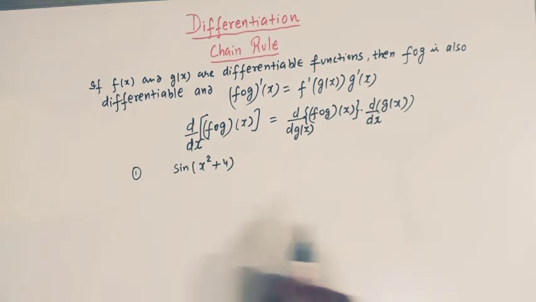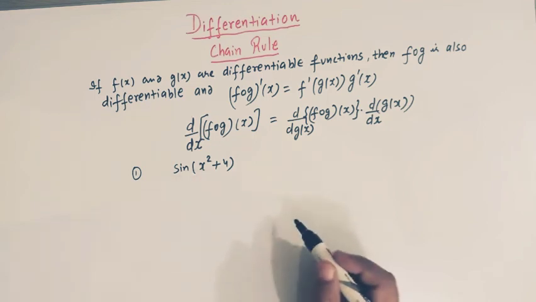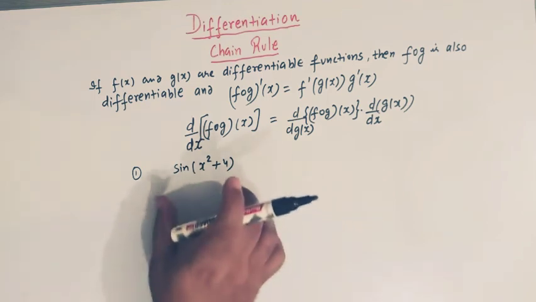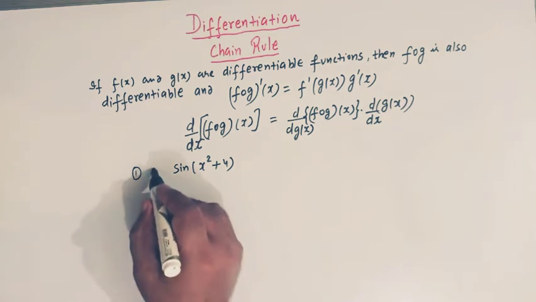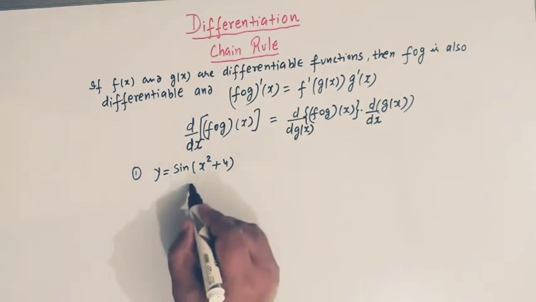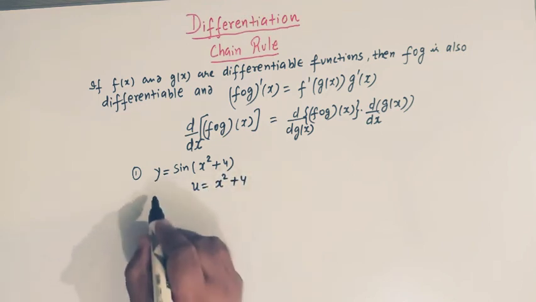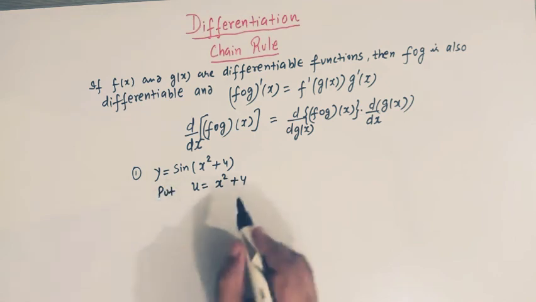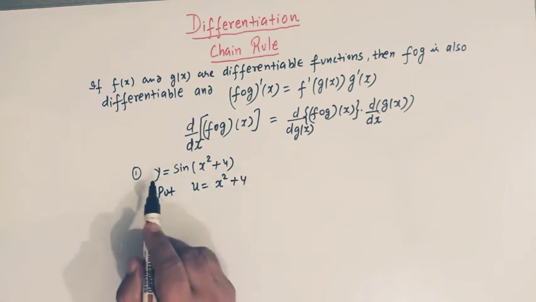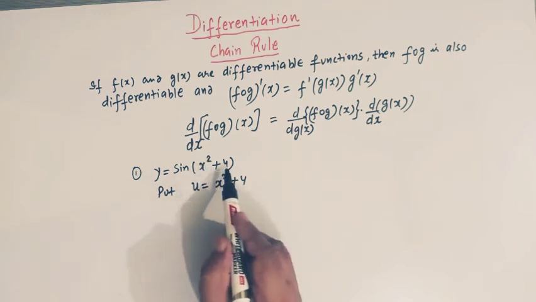Now suppose we have to differentiate this function with respect to x. So what we will do, we'll take this x² + 4 as u. So we'll put u = x² + 4, and let y = sin(x² + 4).